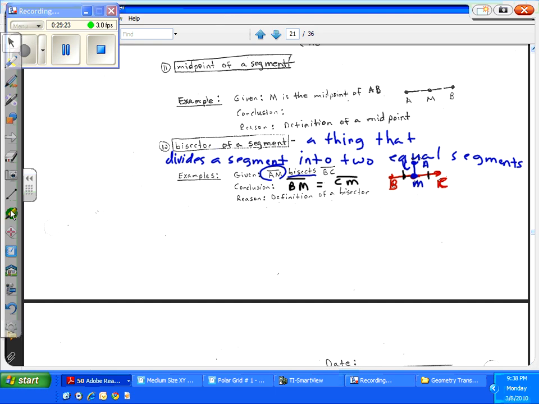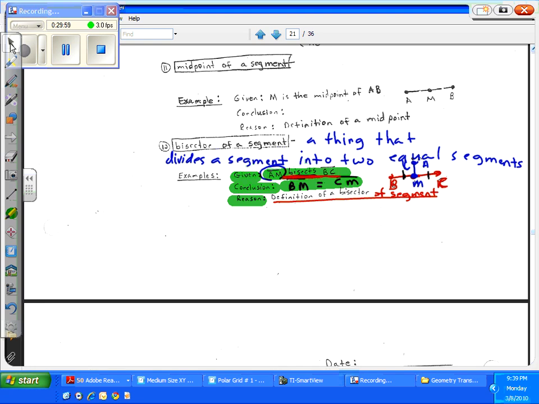what is it that we get out of a bisector of a segment? Well, we get two equal segments. So if we have the word bisector of a segment and the what we get out of it, we can say, given that this is true, that it's a bisector, we can reach the conclusion that this is true, we have two equal segments, and justify that conclusion with the reason definition of the bisector of a segment.